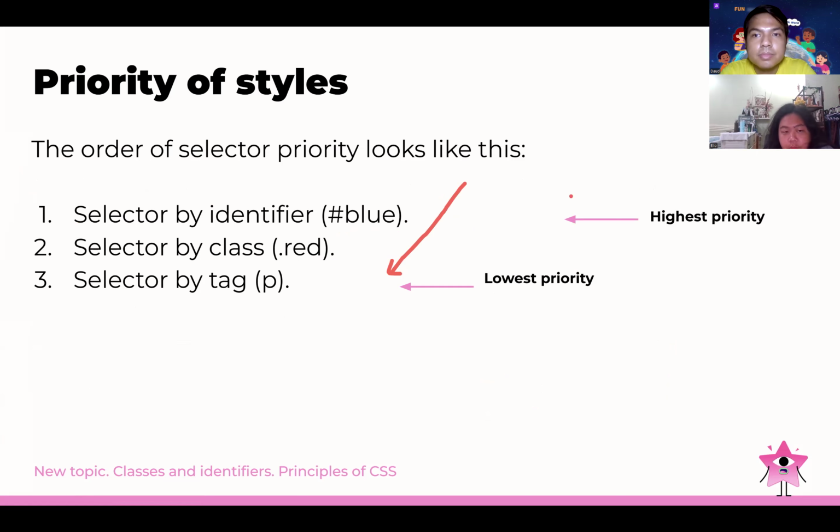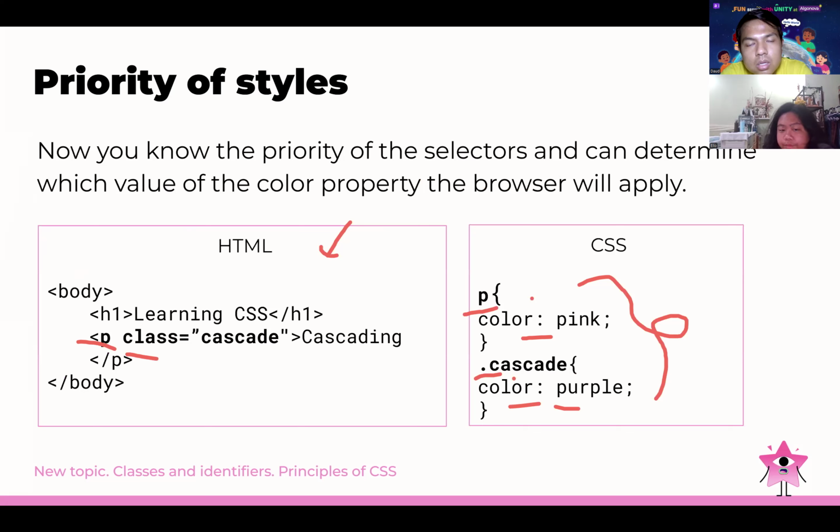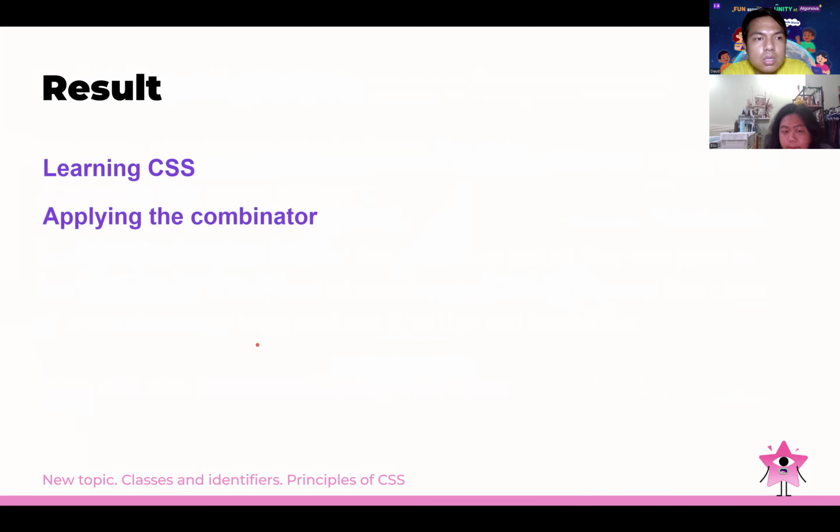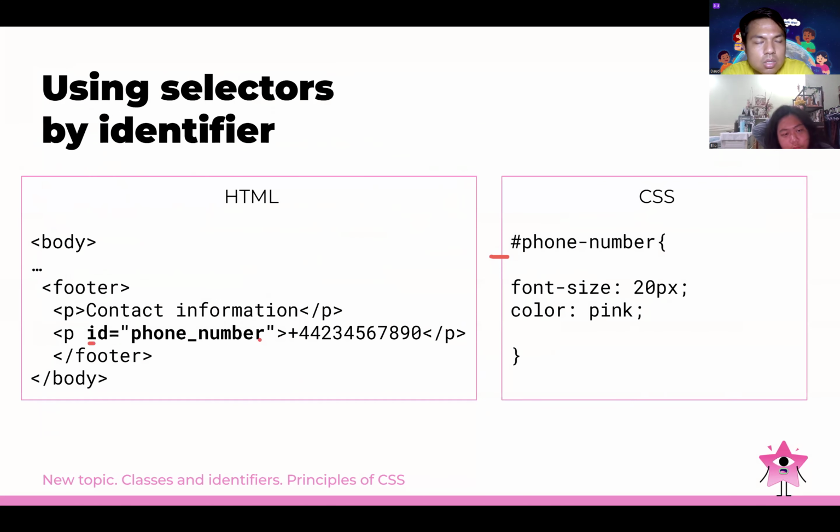Okay, all good. Can you put ID equals cascade, or is it just for class? Yes, for the ID you write ID equals and then the name, the ID name. It's similar to the class, but the difference is that you use the hashtag.